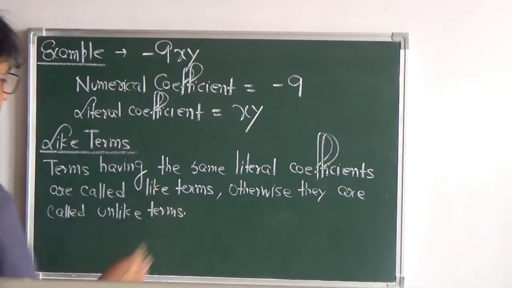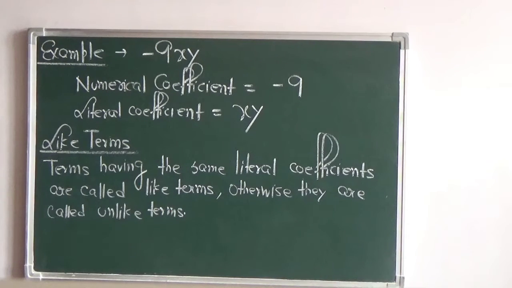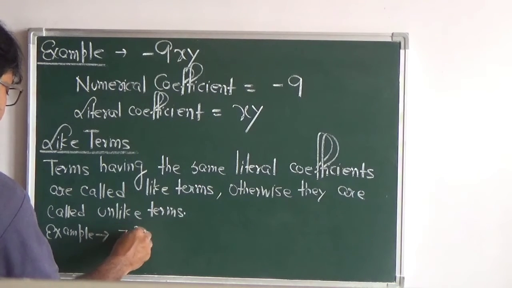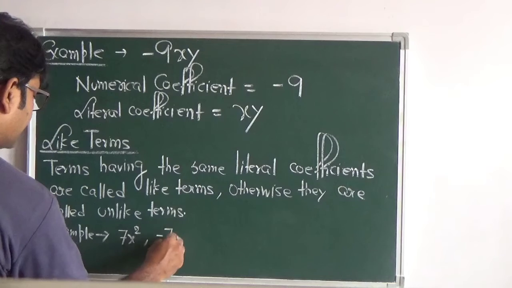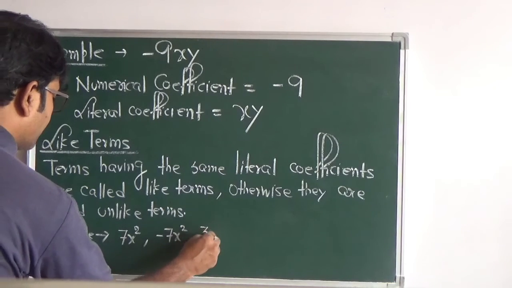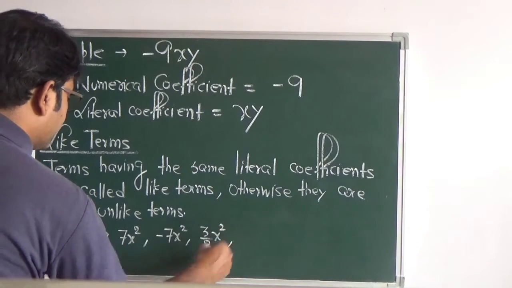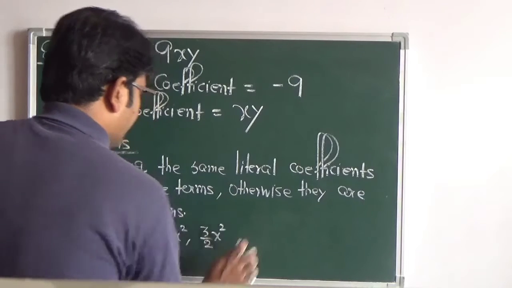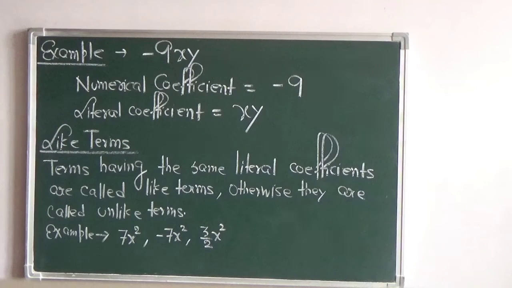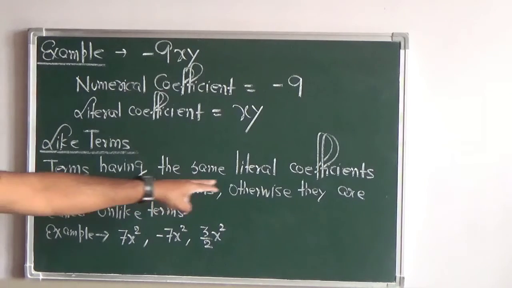So let us take an example to understand what are like terms and what are unlike terms. Example, if we take 7x square, minus 7x square, 3 by 2 x square. If you look into it carefully, these are terms having the same literal coefficient.